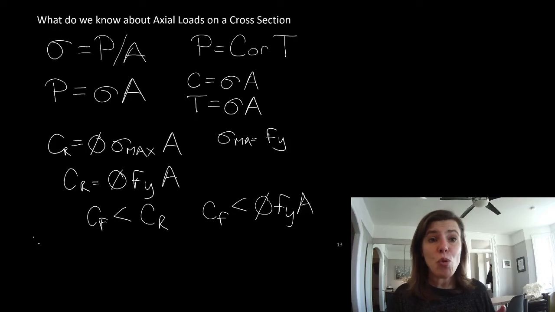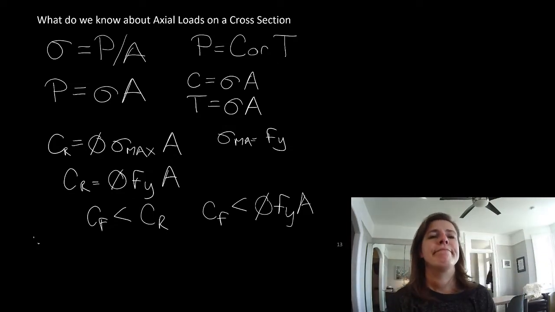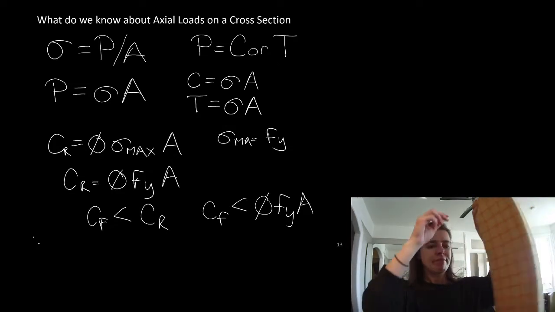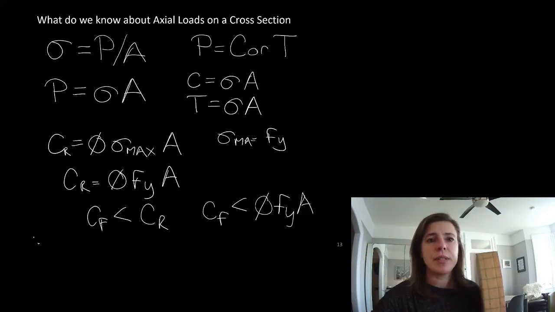And if that is greater than the applied load, yes, we've got a column that works. Except tension. No problem. All of this works whether I use C or T.